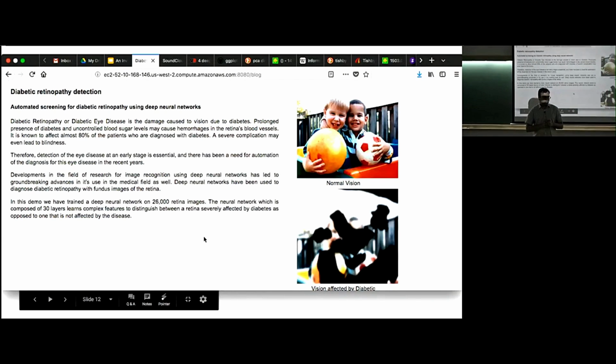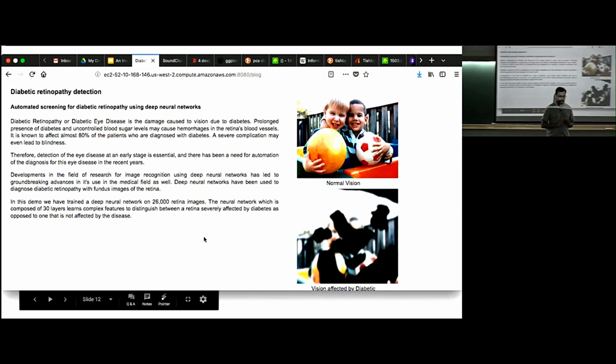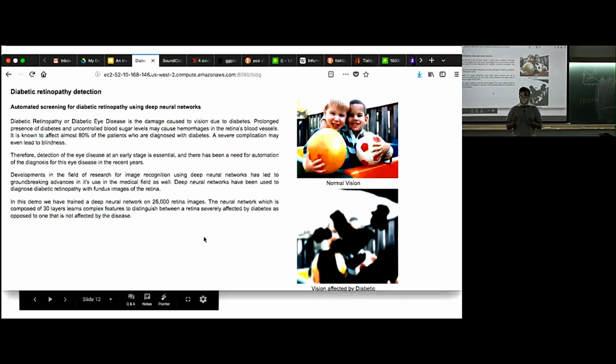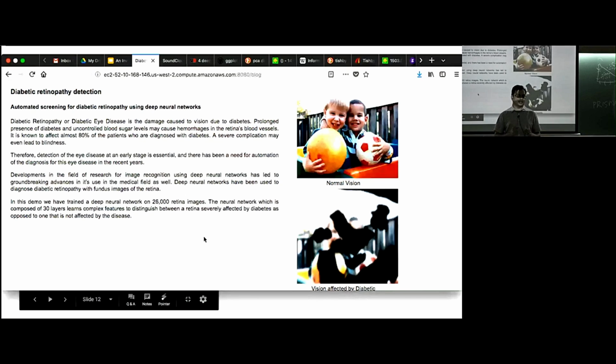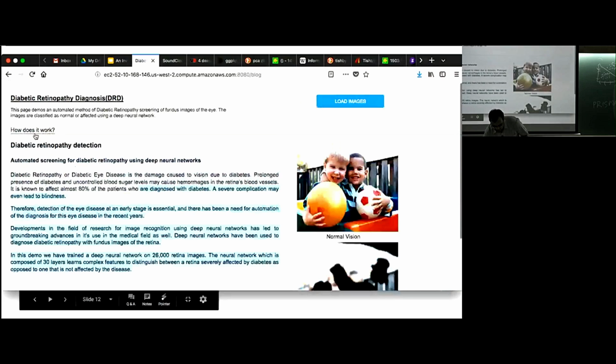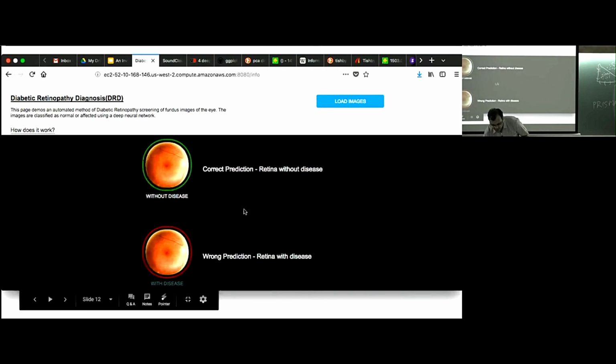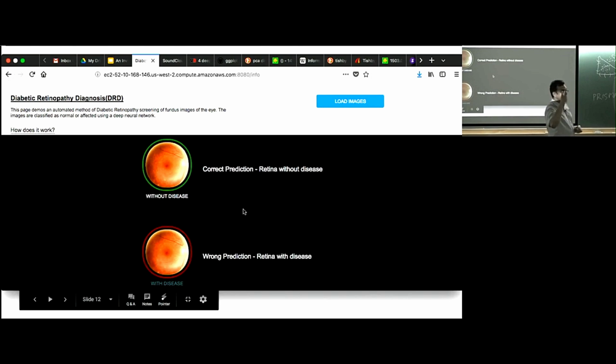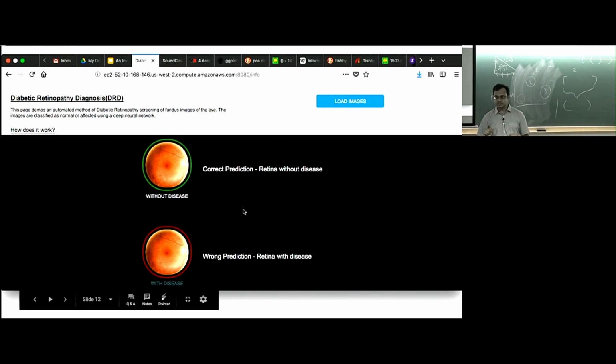What we did is train a convolutional neural network, a kind of neural network really good at image recognition. You might have seen that Facebook identifies your photo, this is your friend, and it notifies you. It uses convolutional neural networks. So we built convolutional neural networks that can look at an image of a retina and classify it as having diabetic retinopathy or not.